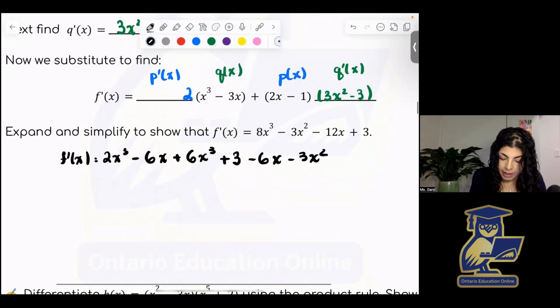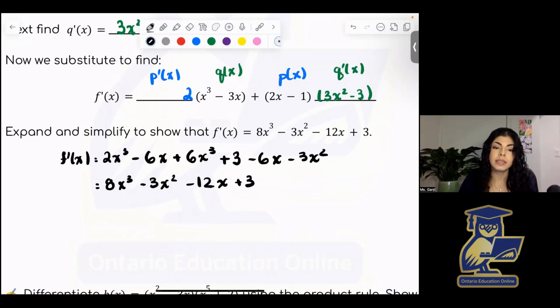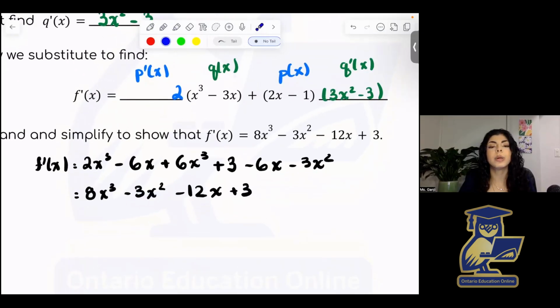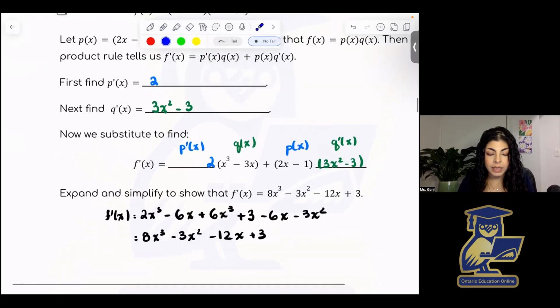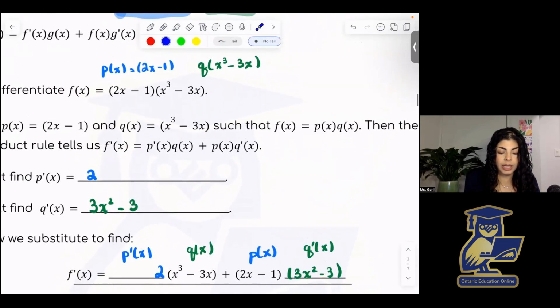Okay, and let's see, these two will be 8x cubed. Here we have just a negative 3x squared and negative 12x and 3. And that's exactly what we were looking for. So yes, the product rule worked, and that's what we got. And if you're still not sure, you can expand this, and maybe we can try that too.